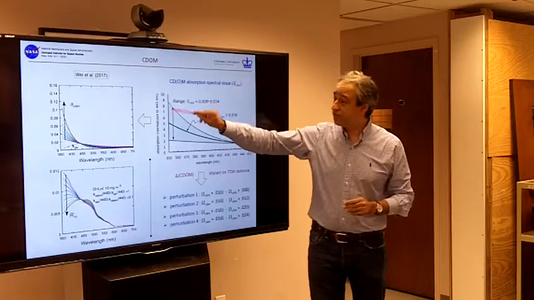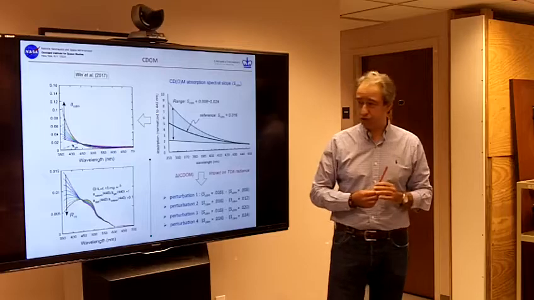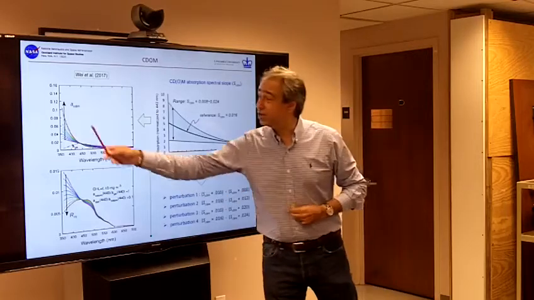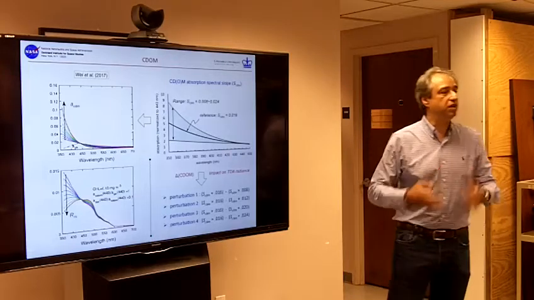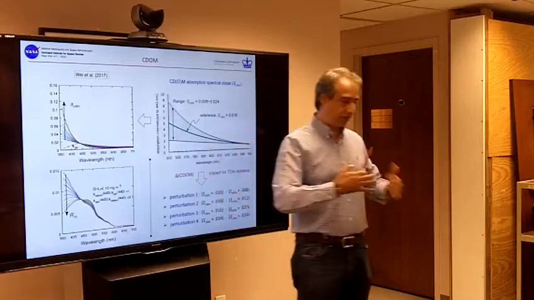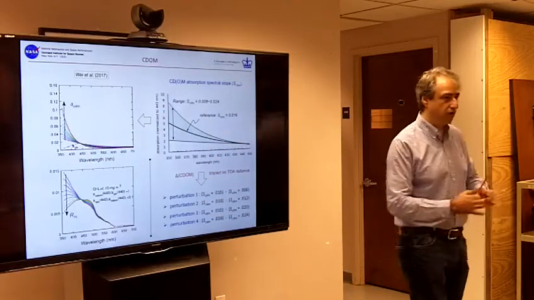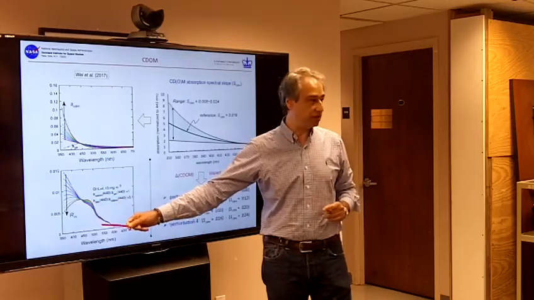And they used this reasonable range in exponential variations in absorption by CDOM to calculate the corresponding absorption coefficient for CDOM in the ocean. And once they did that, they used those different variations in absorption in the ocean to calculate its impact on the water leaving radiance.